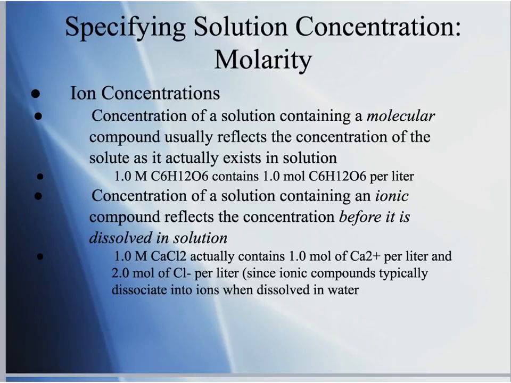So the concentration of a solution containing a molecular compound, remember that means non-metal compounds, like H2O, CO2, any of those that are non-metal combinations, usually reflects the concentration of the solute as it actually exists in solution.